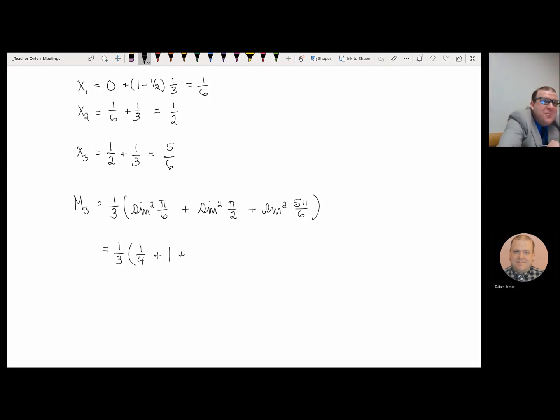Still a half. Squared is a quarter. M3 is a half. Right now, this worked nicely because it was nice values, right? Otherwise, I'd be plugging this into a calculator to try and figure out the values.